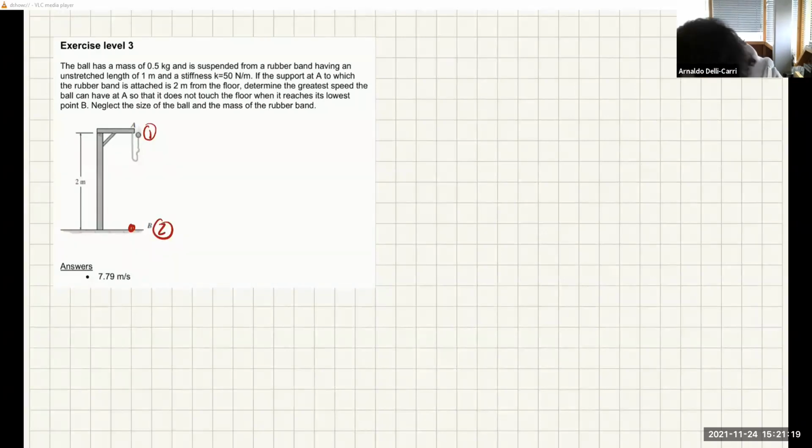We want to know what is V1, basically. So what is V1 such that the ball can reach this point?